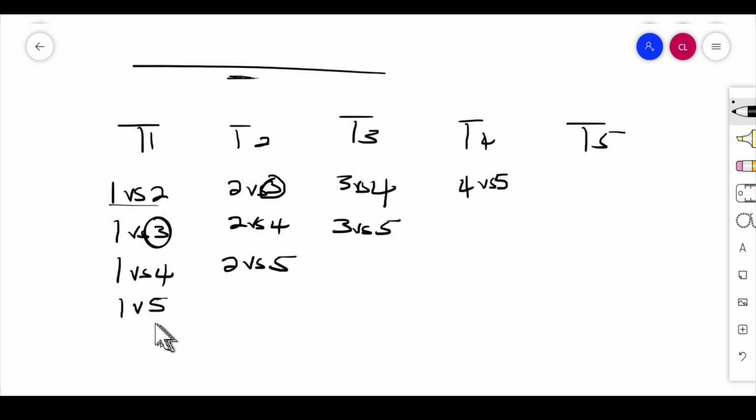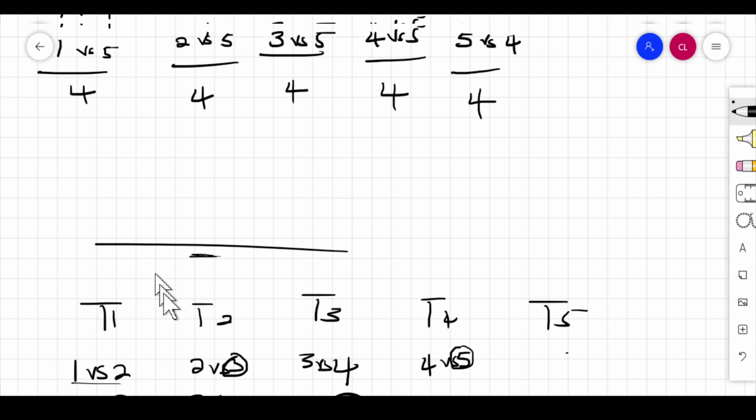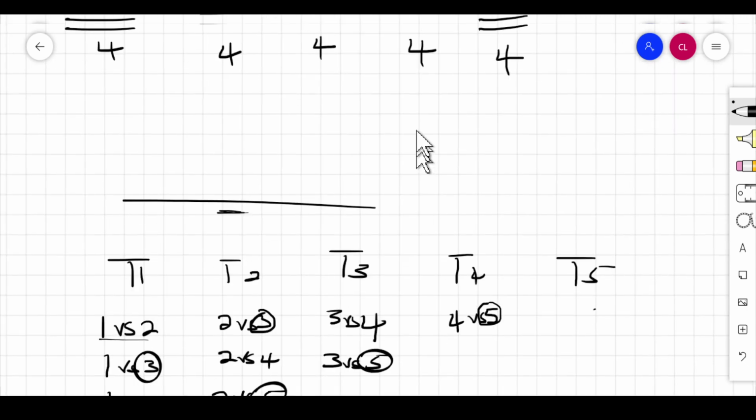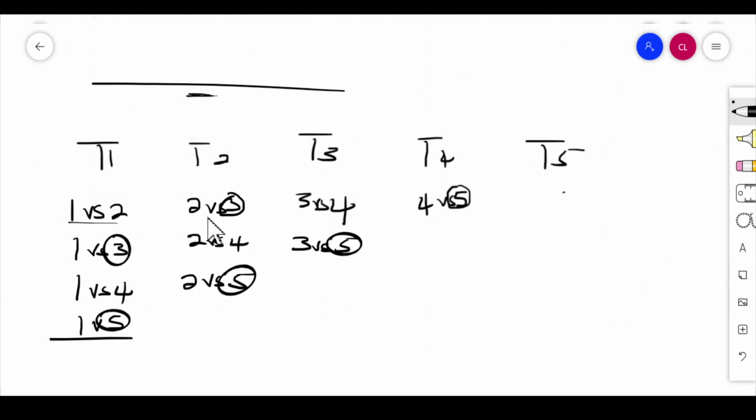So let's see how many matches or games are in the competition as a whole. Why we don't have anything here is because 5 plays 1 time, 2 times, 3 times, 4 times. Remember, we had seen from before that each of them would play 4 times. So let's look at the total number of games in the competition. 1, 2, 3, 4.